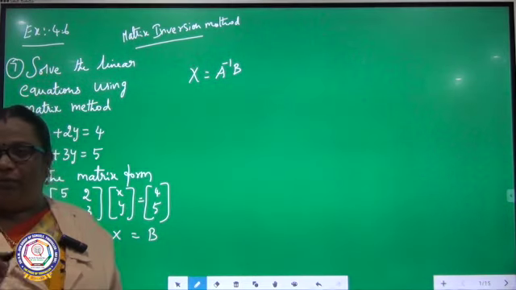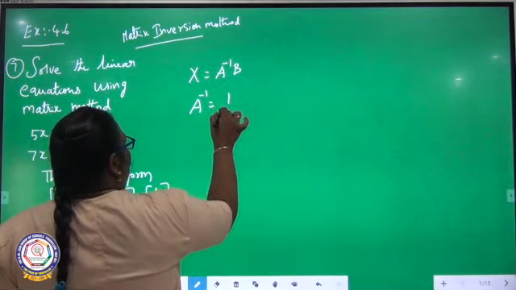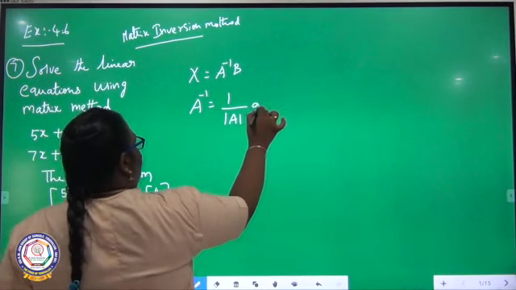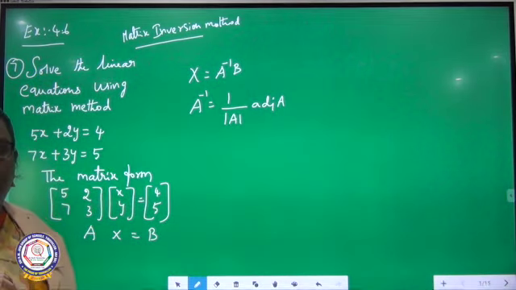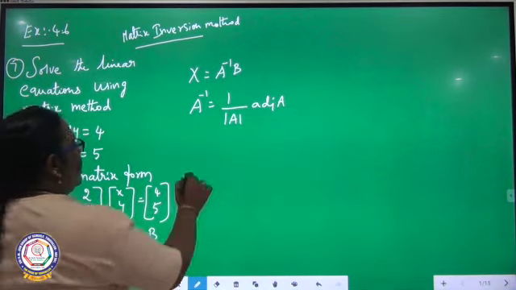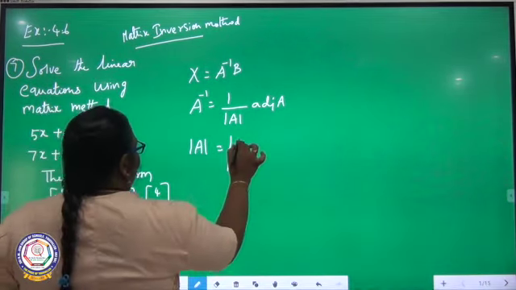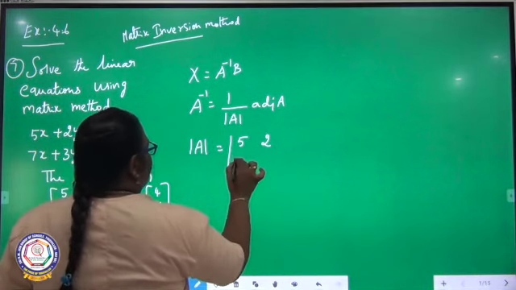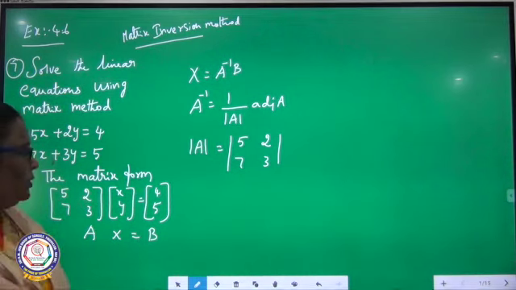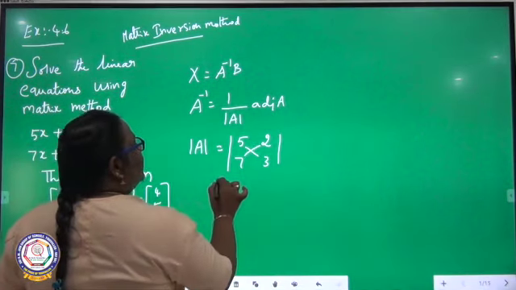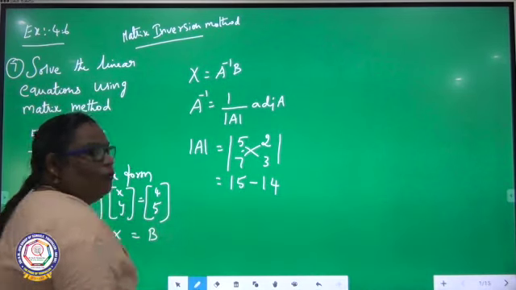First you should find out the value of A inverse. A inverse equal to 1 by determinant of A into adjoint A. What is determinant of A? Determinant of A equal to 5, 2, 7, 3. Do the cross multiplication. 5 3s are 15 minus 7 2s are 14.